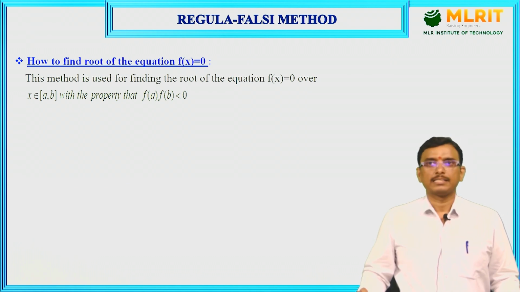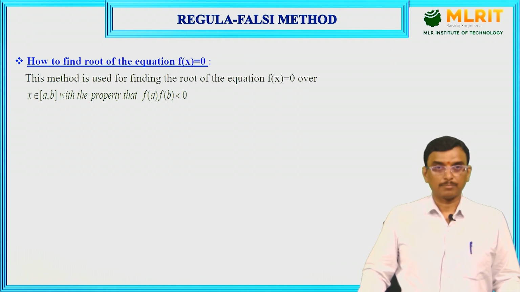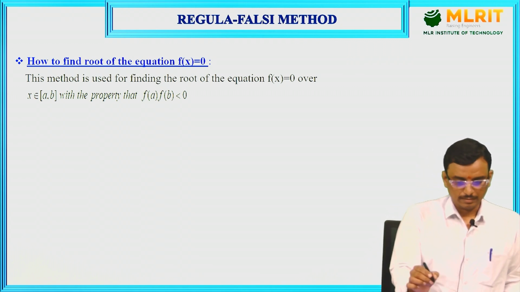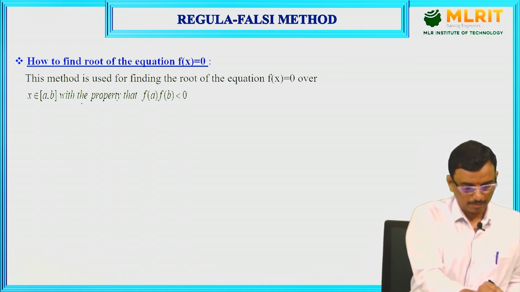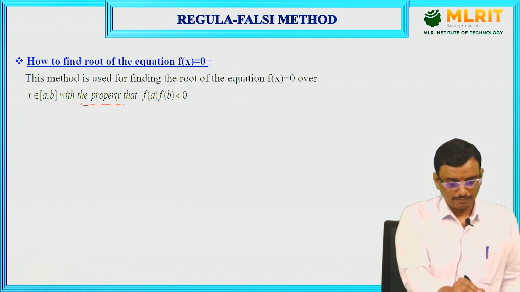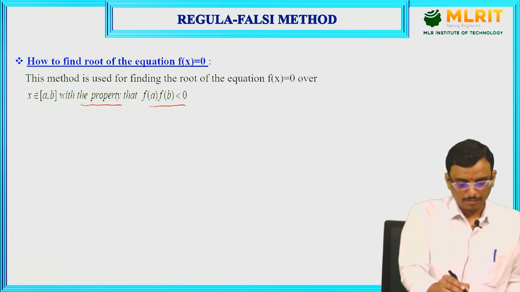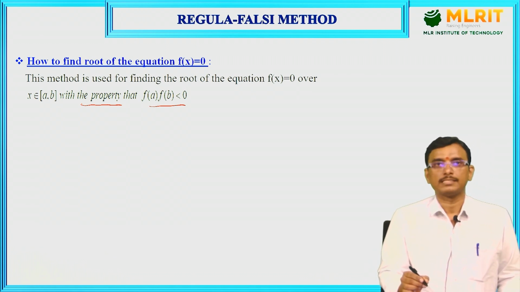We have already discussed the intermediate value theorem in the last class. So, we can find the root of the equation with the property that f of a into f of b is less than 0. f of a into f of b less than 0 means there exist two cases.